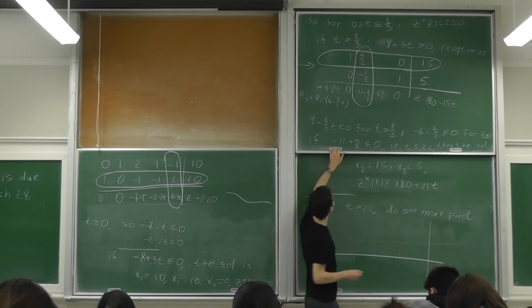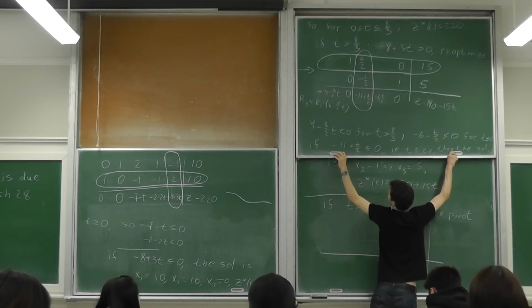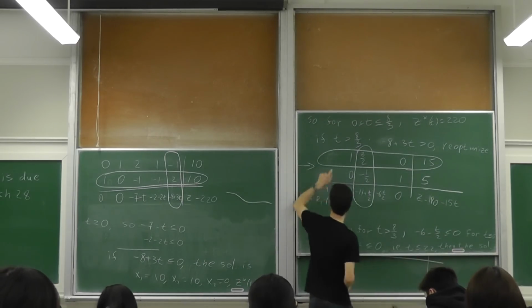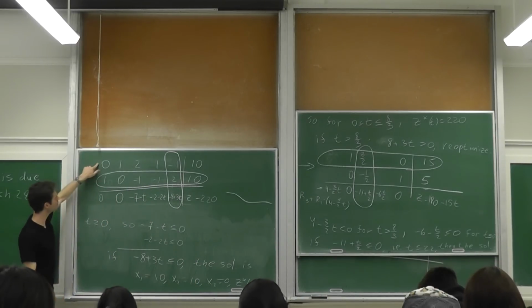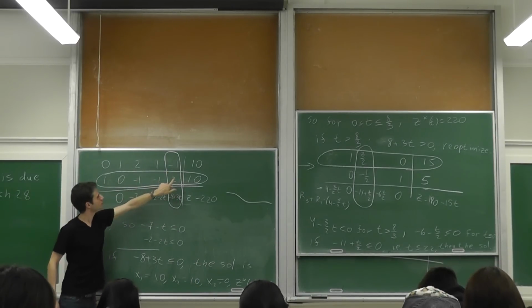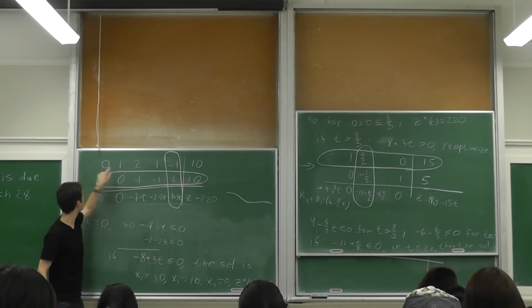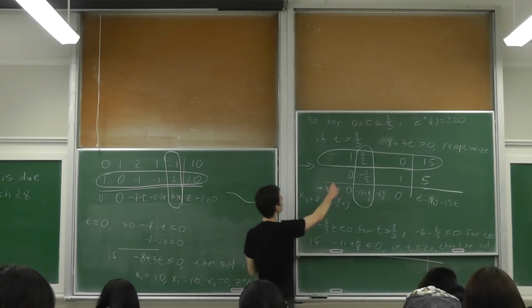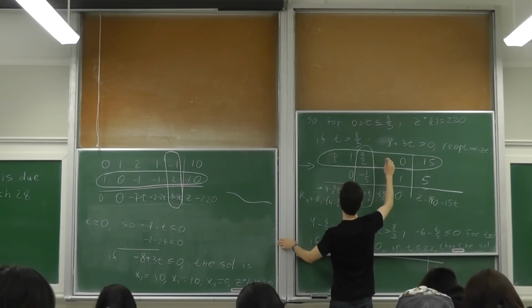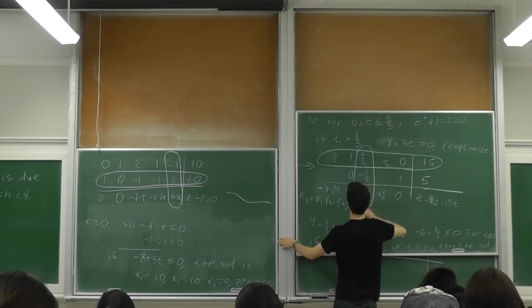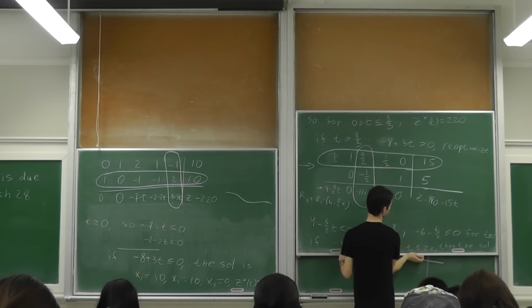Also, we have to compute the whole first row to make the actual pivot. So let's go back to here and compute the first row. So it's this plus 1/2 of the second row, 1/2. This one will be 1 minus 1/2, so 1/2, 0.